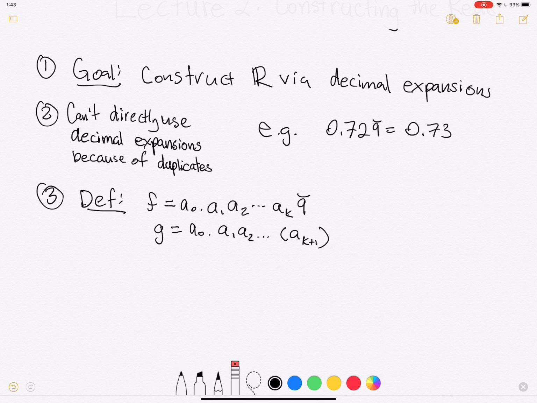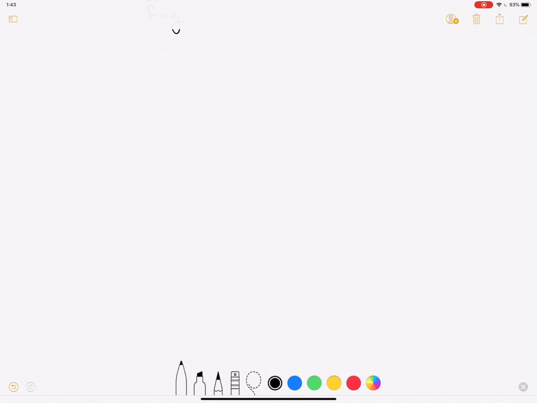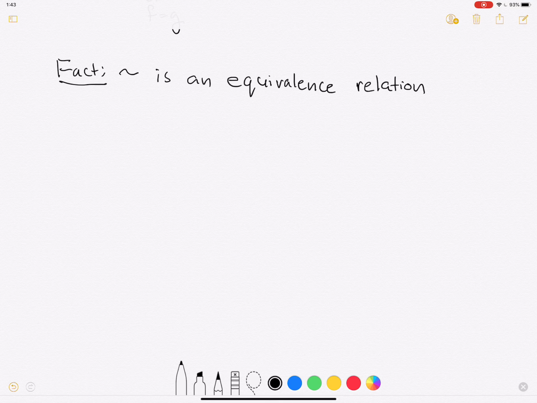So we said f is similar to g if this or f equals g. If you haven't seen it before, tilde is an equivalence relation. That pretty much means you can treat them the same.